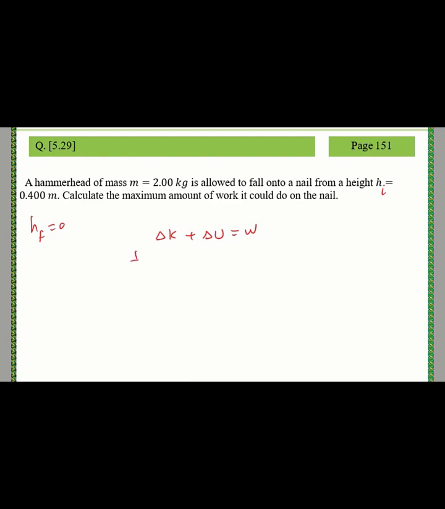Delta K is one half m times V final squared minus V initial squared, plus delta U, mg times H final minus H initial.